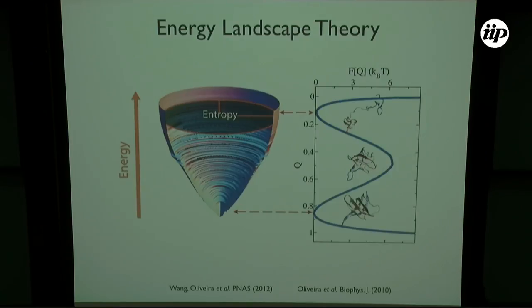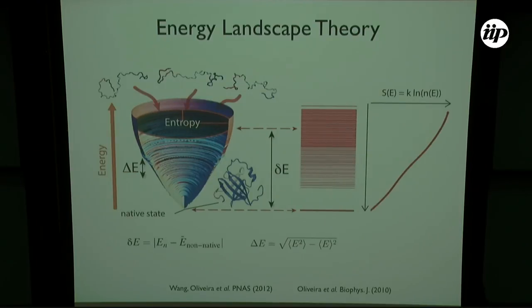As we can see, most people project the multidimensional energy landscape onto a two-state free energy profile, where the transition state arises between the two states. But we can also project the multidimensional energy landscape onto a one-dimensional representation, where we have all the states discretized, and here are the native states.